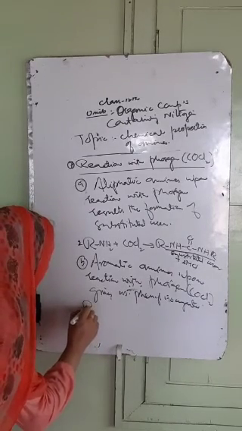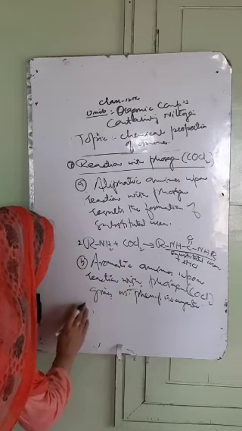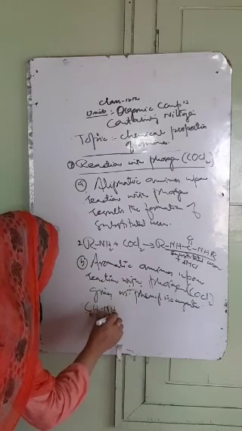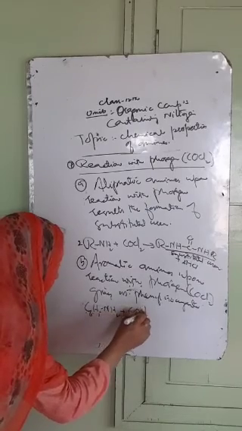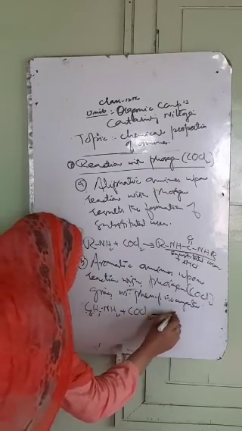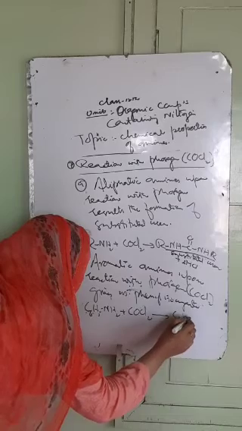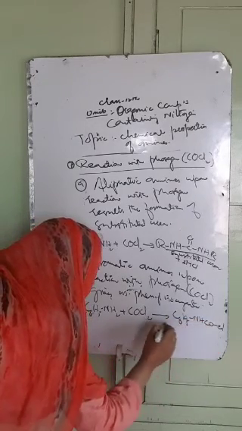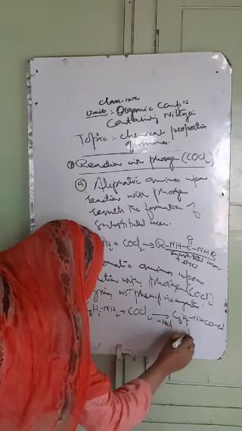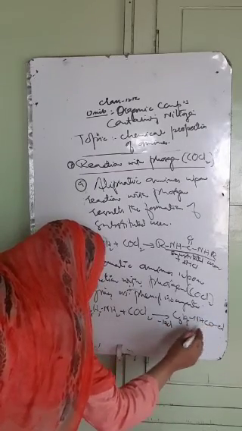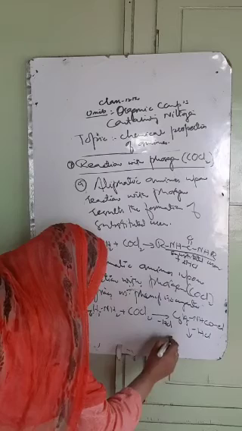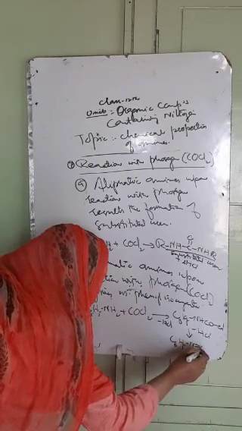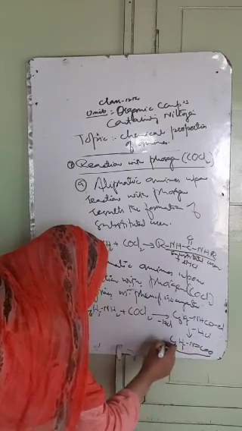We have the reaction: C6H5NH2 reacts with COCl2, gives me C6H5NHCOCl minus HCl from here. Then this hydrogen and this Cl come out as HCl, and we have C6H5N double bond C double bond O, isocyanate is formed.